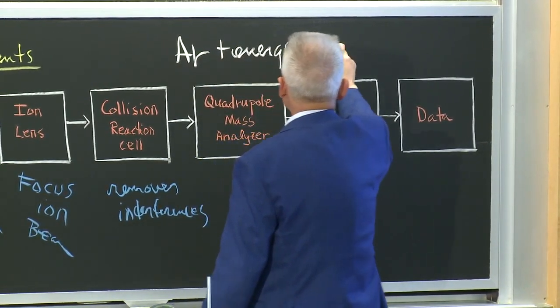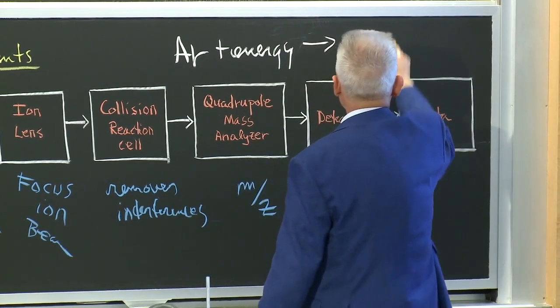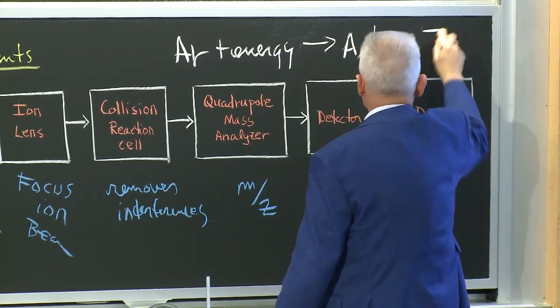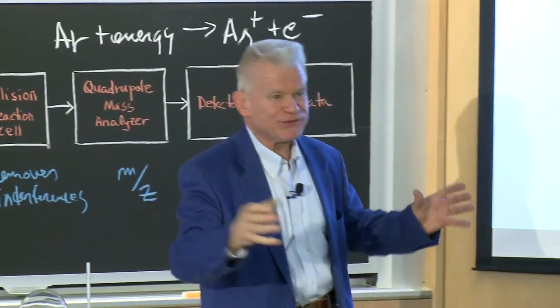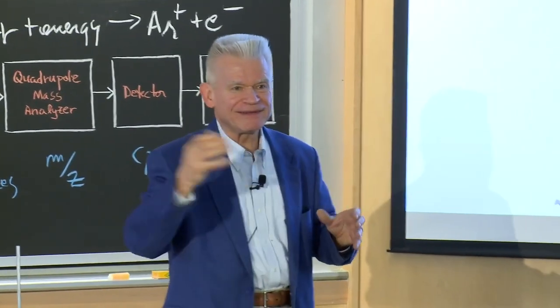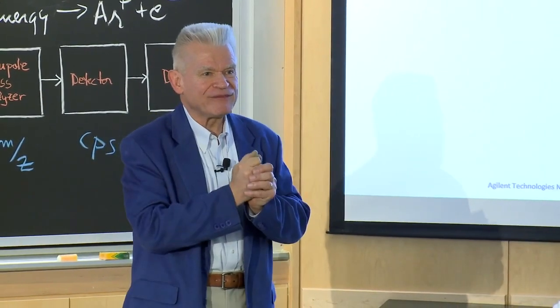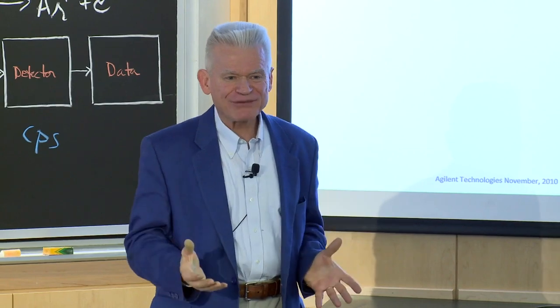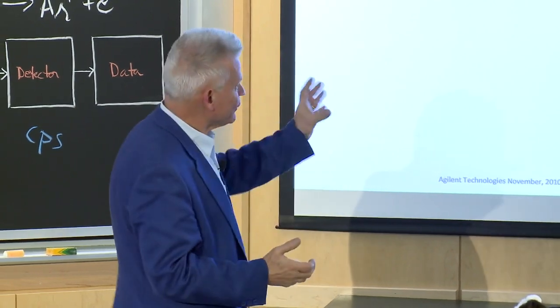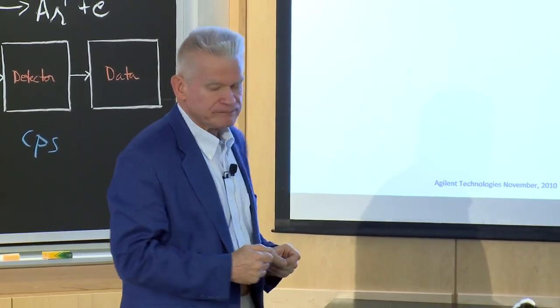There's your high energy. And you've got argon ions plus electrons. And those argon ions and electrons are just smashing around, twirling around in there. And the collisions from that, the kinetic energy that's given off, that's your plasma. So that's all happening inside of that tube.